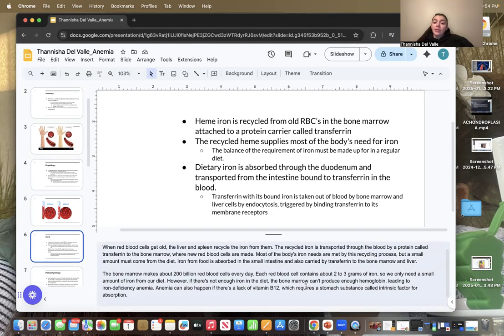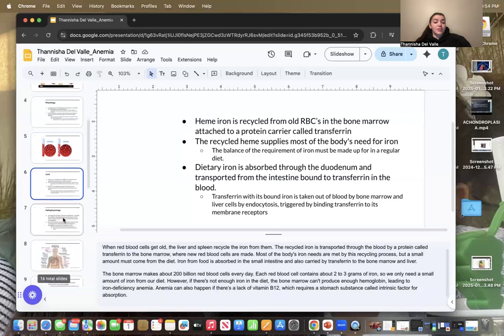This can also happen with the lack of B12, which requires a stomach substance called intrinsic factor for absorption. Transferrin is bound to iron, which is taken out of the blood by the bone marrow and liver cells by endocytosis, and is triggered by transferrin binding to its membrane receptors.